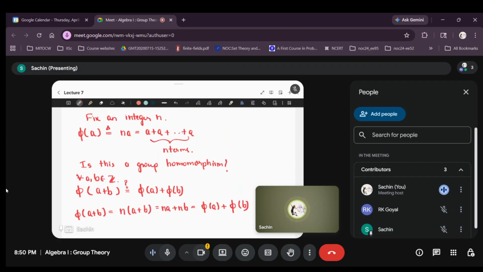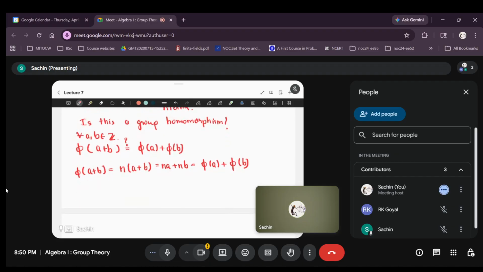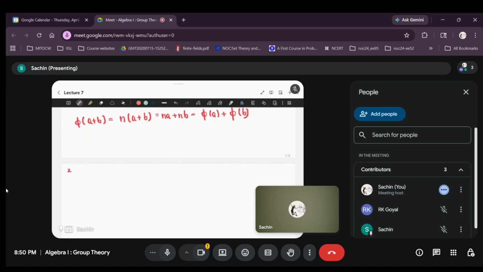But you can rest assured that when I give you something, it will at least be a function, and you only have to check whether it is a homomorphism or not, whether it is operation preserving or not. So in the first example, yes, it is a homomorphism.